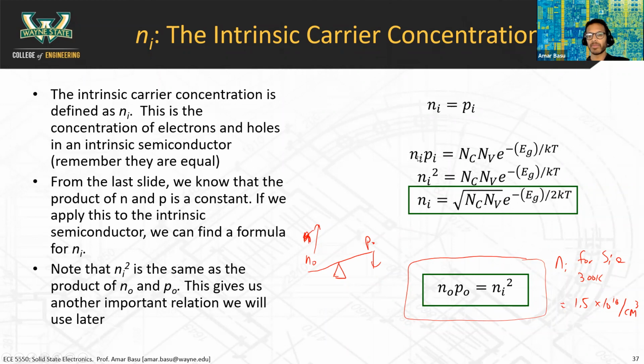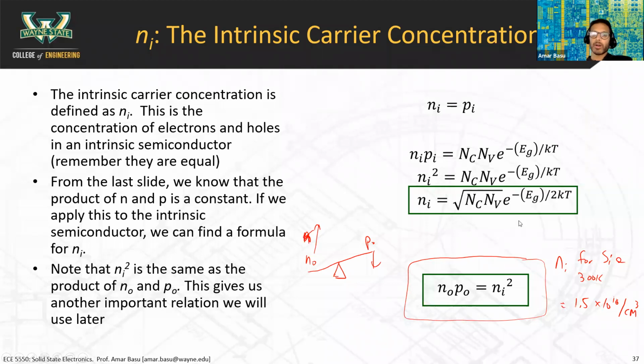And because ni and pi are equal to each other, this is the same thing as ni times ni, so this is ni squared. And then we come up with an equation for ni. The intrinsic carrier concentration is equal to the square root of these two constants, exponential of Eg over 2kT. So it's dependent on the band gap and it's dependent on the temperature.